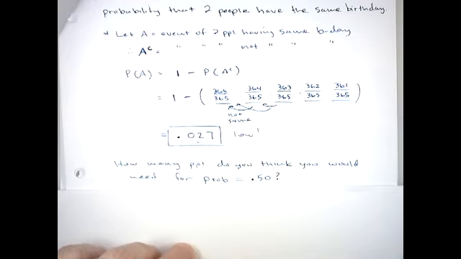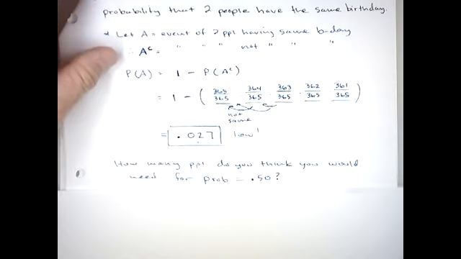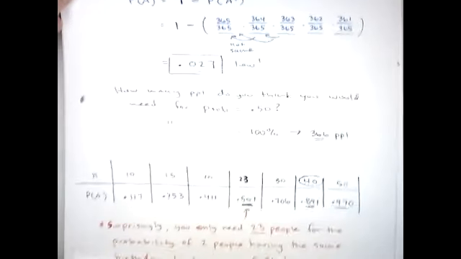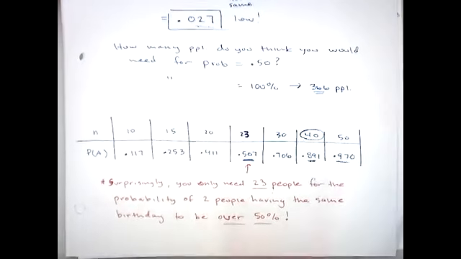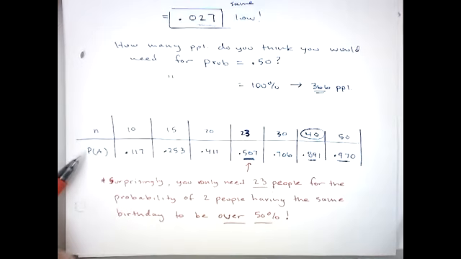What do you think it would be? How many people would it be so that the probability is 50%? And of course, a reasonable guess would be half of 366, 183. It turns out it's much, much lower. If you run the numbers with the same strategy we did here, I made a little table.